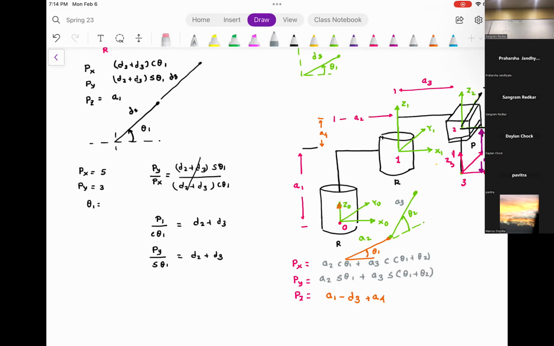Everyone understood this? I gave you the answer, but in your homework, I want you to work out the forward kinematics. I have given the MATLAB script. This is the SCARA robot. I have given the MATLAB script that solves the SCARA robot.